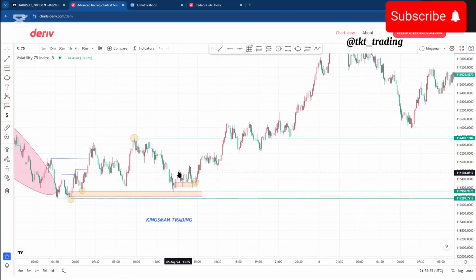After it went up here, I also got another entry reason. Just like I told you, when you see that price is having a break of structure, because there was a break of structure here, I already know price will go to the upside. So after I see this break of structure, what am I looking for?